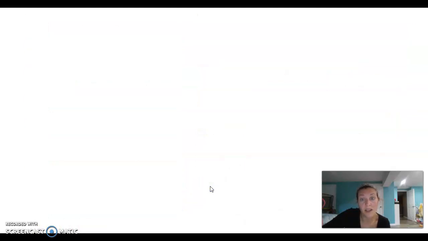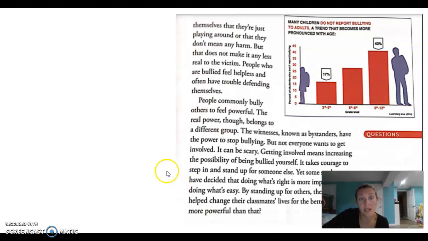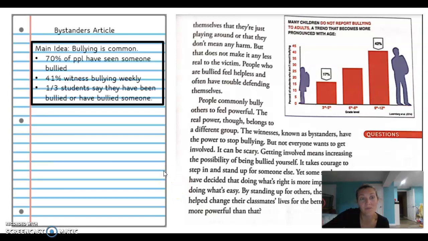Let's move on to another section of the text, our second page. Continue reading.